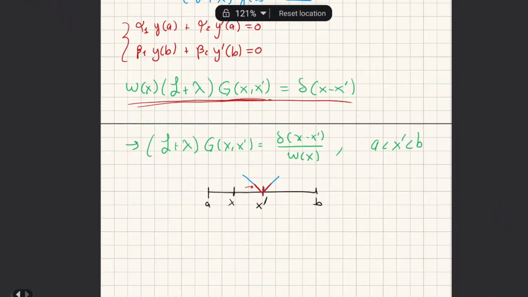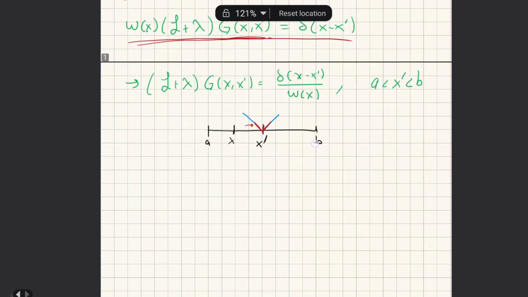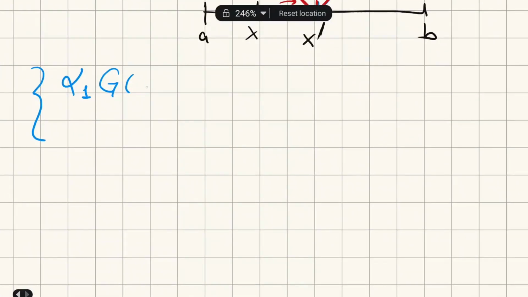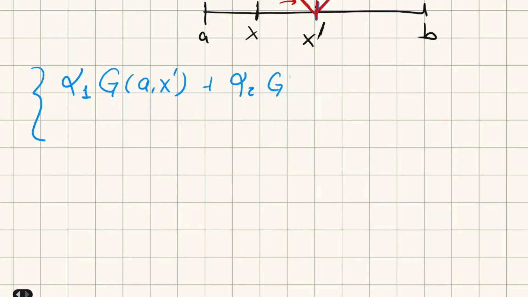So we can substitute y for the Green function, and we get the following. It will be a constant alpha 1, which is real. Remember, alpha and beta are all real. This multiplies g of a comma x prime, because for the boundary condition at a we need to evaluate the Green function at x equals a, plus alpha 2 g prime.